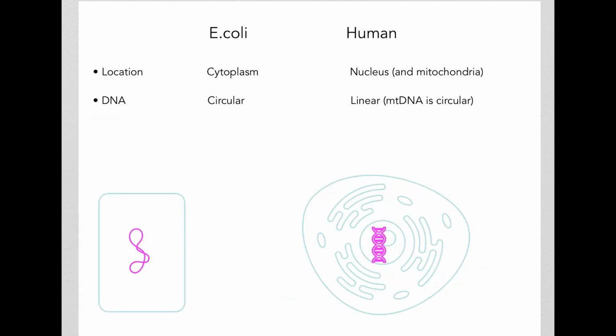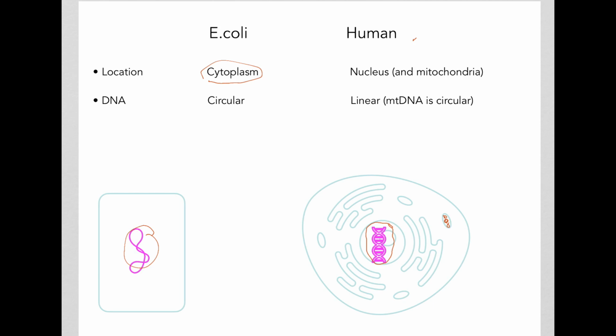A few more points before we get into the details of human nuclear DNA replication. In E. coli, DNA is found in the cytoplasm of the bacterium. In humans, as we know, most of the DNA is found in the nucleus, and in the mitochondria, each mitochondrion also has anywhere between 2 to 10 circular DNA molecules.